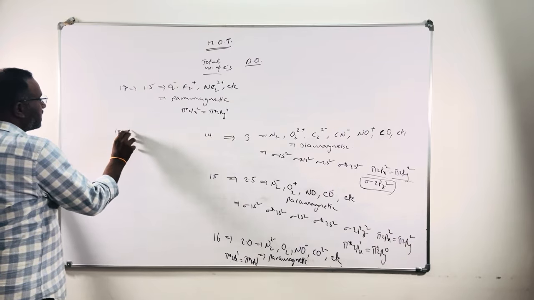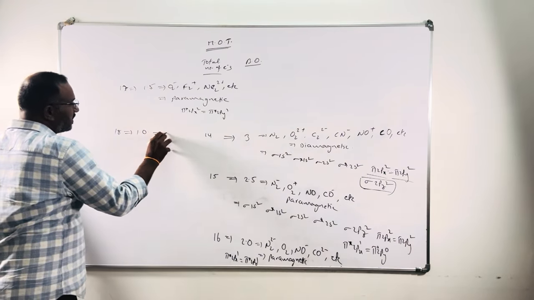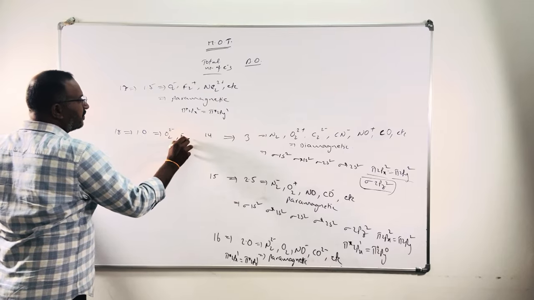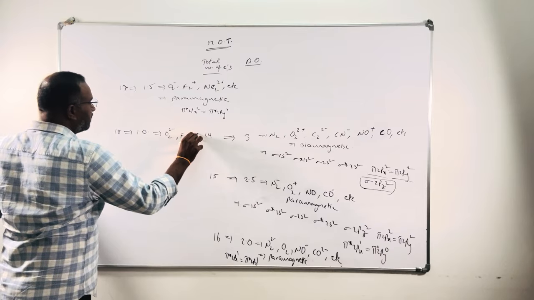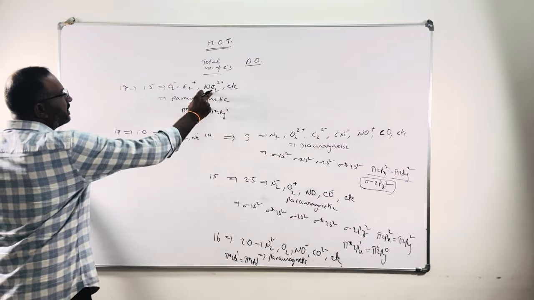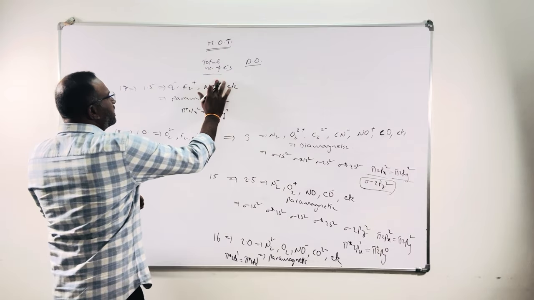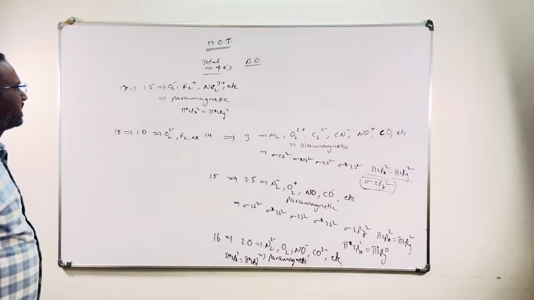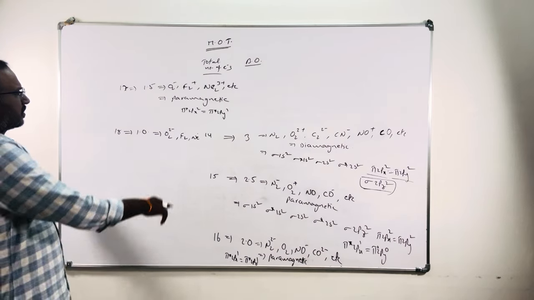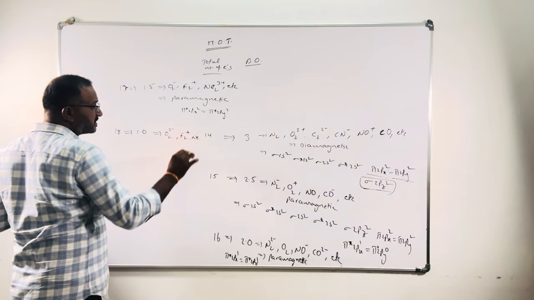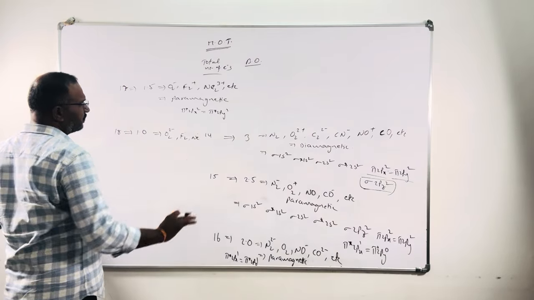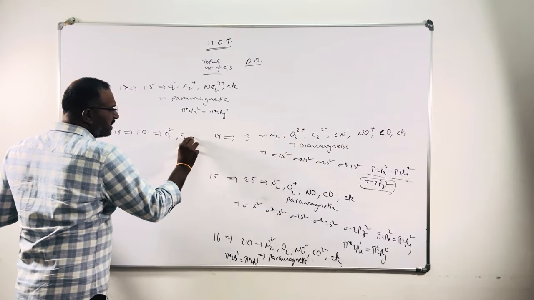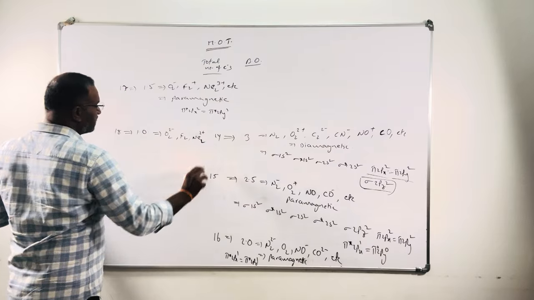If total electrons are 18, bond order will be 1.0. Examples are O2 2 minus, F2, then Ne2 2 plus with 18 electrons.